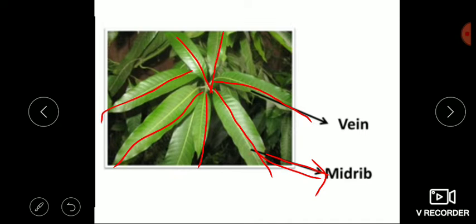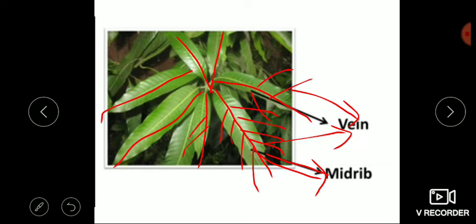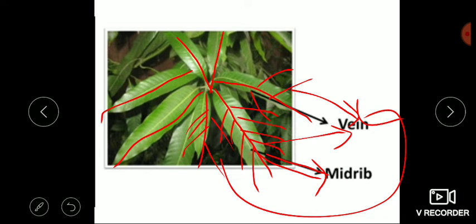We can see here veins. The midrib branches to form a network and it is called veins.